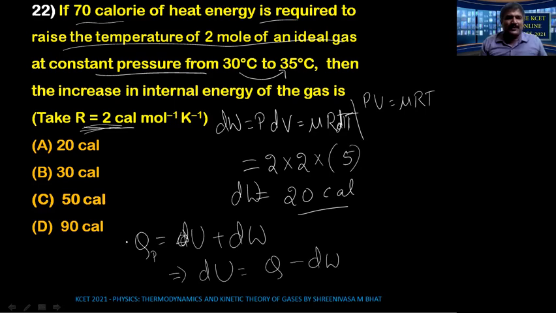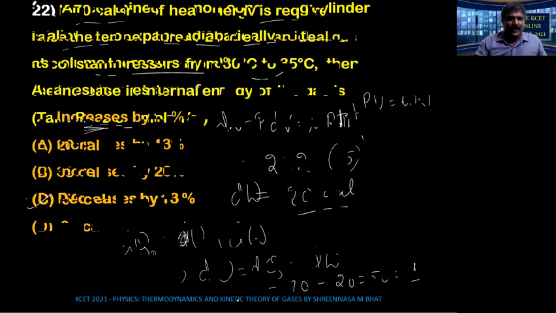Heat supplied dQ is given as 70, minus the work done we calculated, 20. So the answer is 50 calories, option C. This is the increase in internal energy.